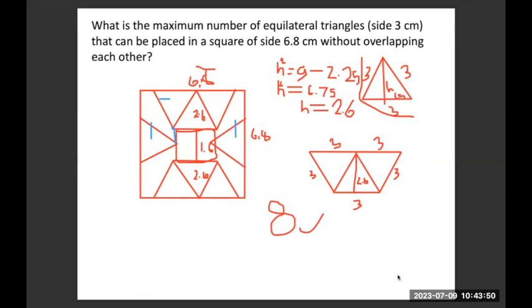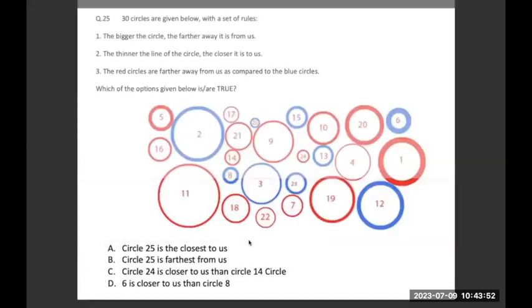Okay, chalo, we'll move to the next one then. Here you are given a figure, you are given 30 circles, and you are given some relationships. One or more answers are possible here. What you are given is the bigger circles are farther away from you.